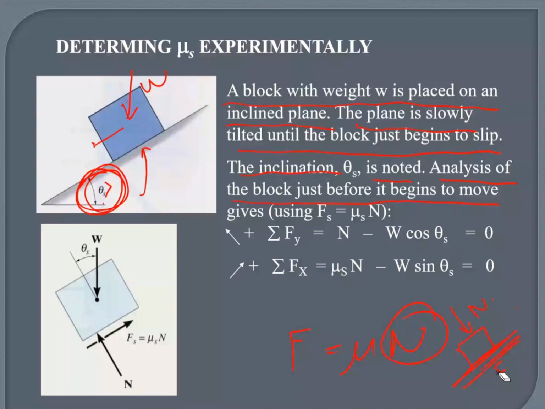So anyway, let me go back. So I do analysis. I'm looking at this one. Now sum of all the forces along the y-axis, that's my y-axis, and this is my x-axis. You can have your y-axis even here also if you want, but I would just simplify things.